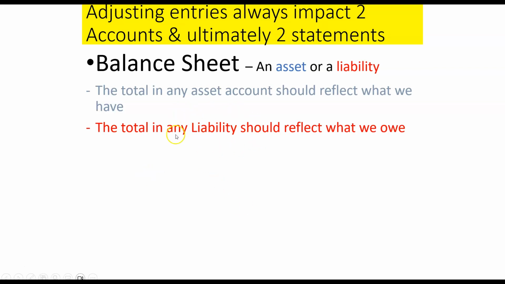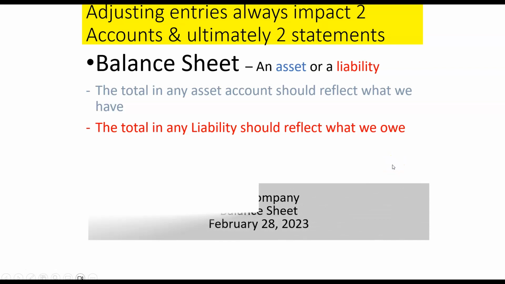Our liabilities, if we show liabilities on our balance sheet, they need to reflect what we owe. If we owe something, it needs to show up in a liability account. And that's going to be at the ending day of our reporting period.